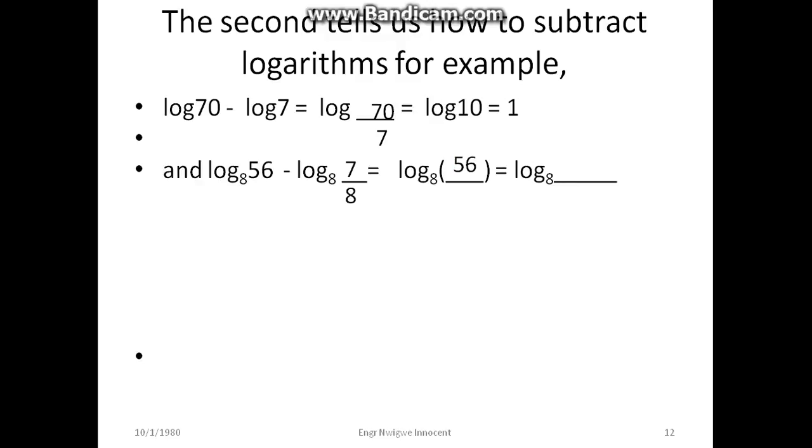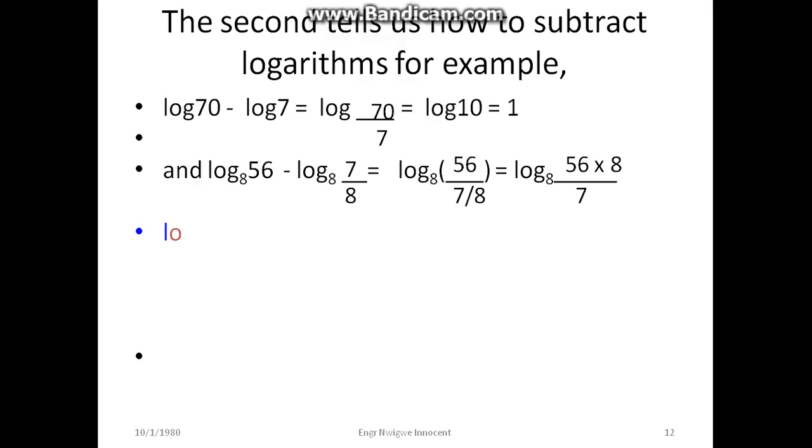they are two logs having the same base, we divide. We are now having log 56 over 7 over 8 to the base 8, which is the same thing as log 56 times 8 all over 7 to the base 8.